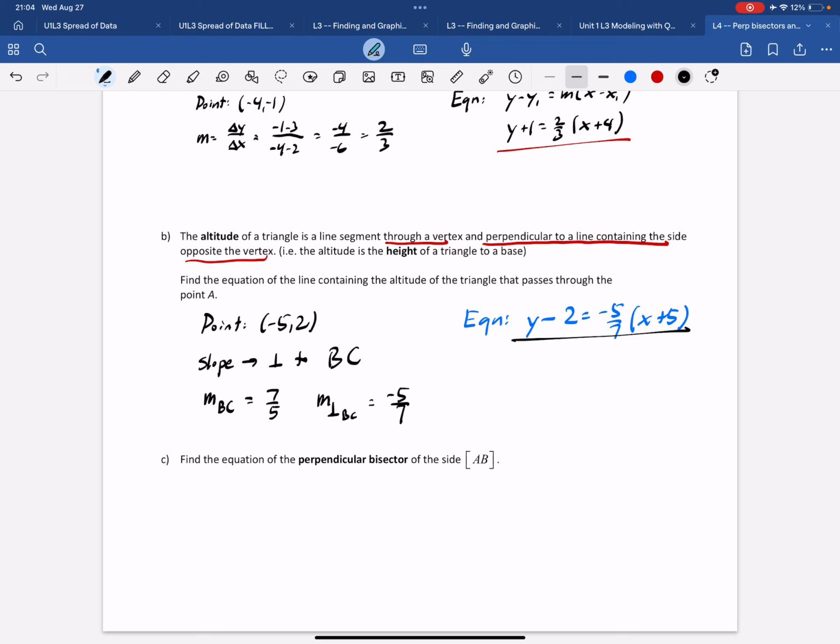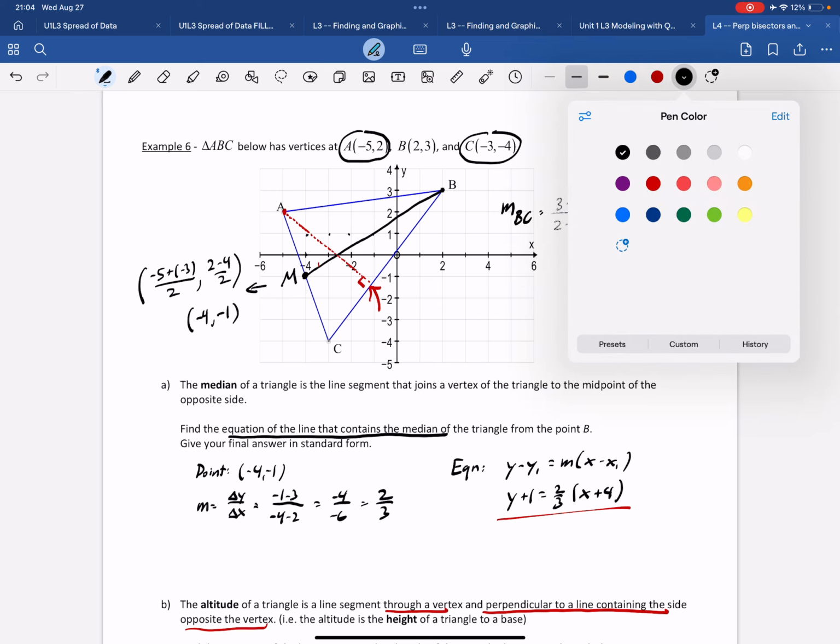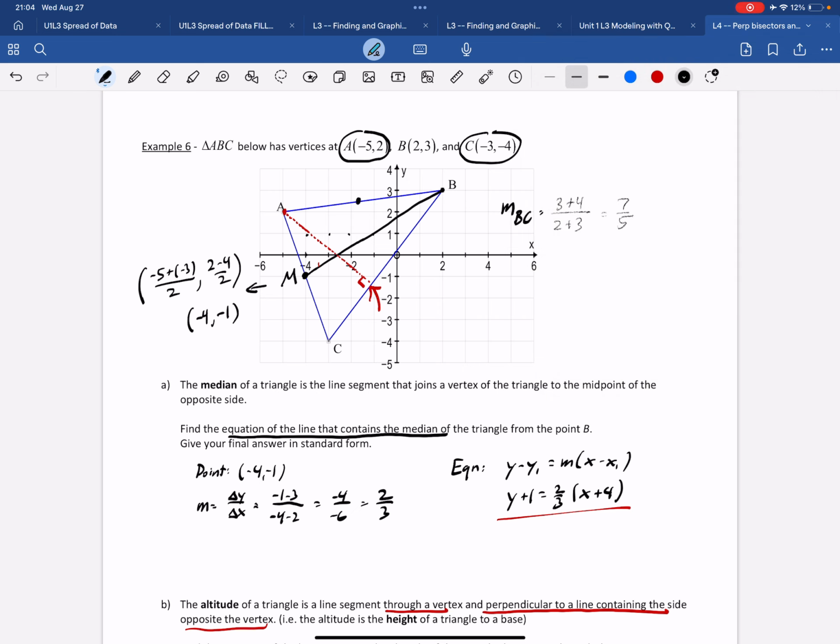And then part C, the perpendicular bisector of the side AB. Whew, okay. Perpendicular bisector means it goes right through the middle and it's perpendicular to it. So we need the midpoint of AB and we need the slope of AB. Let's do this up here while we can see everything.